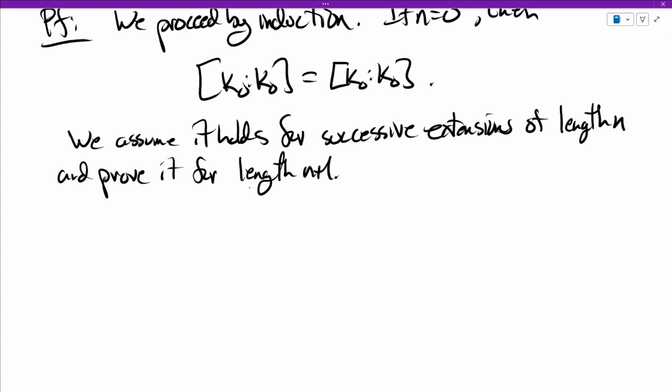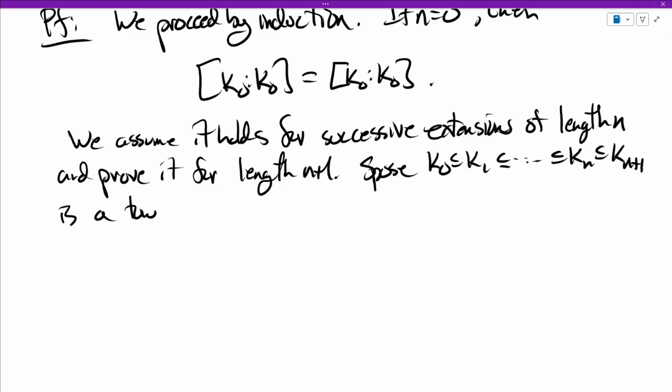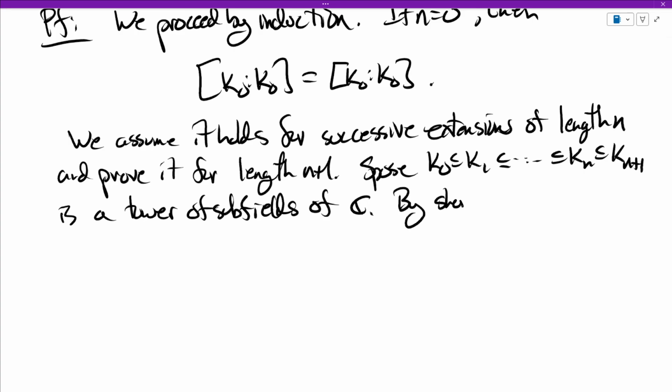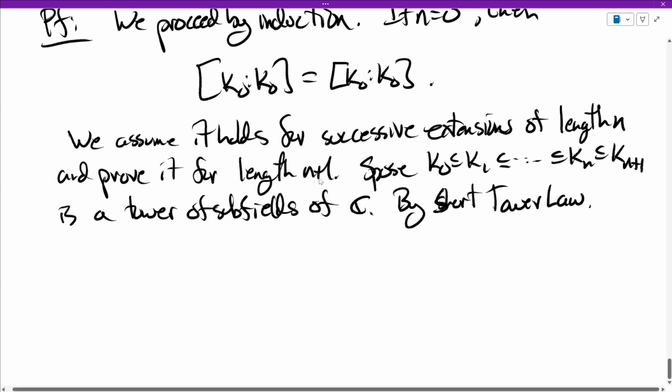Okay, so to that end, we need to take an extension of length n plus 1. So suppose k0 contained in k1, contained in kn, contained in kn plus 1 is a tower of subfields of C. By the short tower law, and I'm only calling it here, that way I can reference, it would be bad to be self-referential, right?